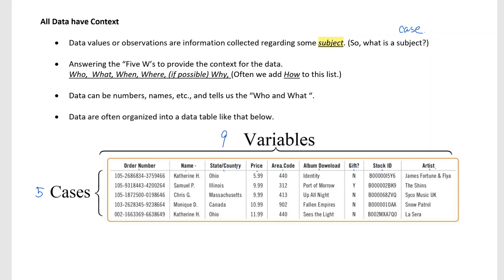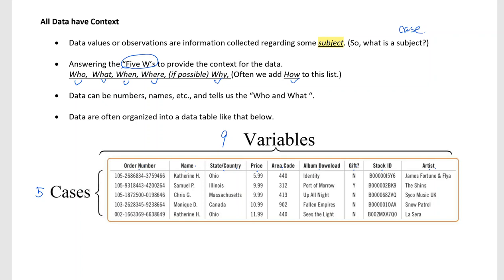So normally a data table answers the 5 W's to provide the context for the data. For a data table, it will normally answer who, what, when, where, and if possible, it will explain why. And often we add how to this list.